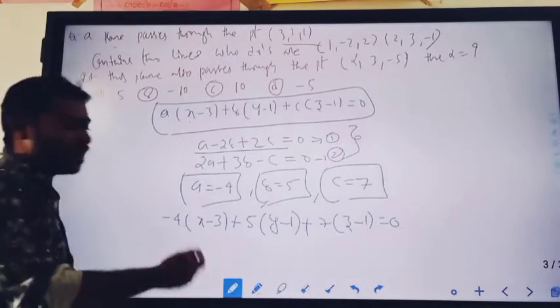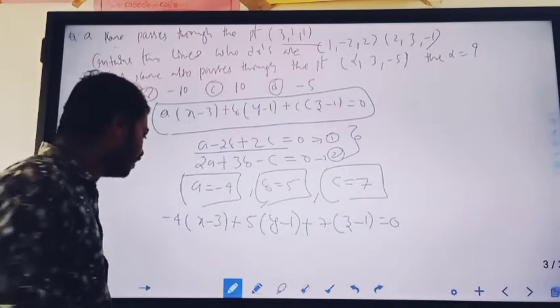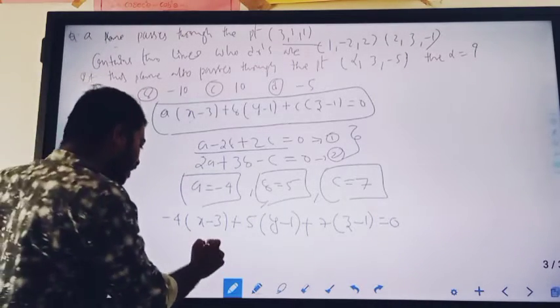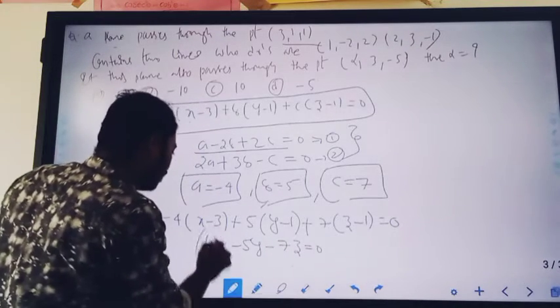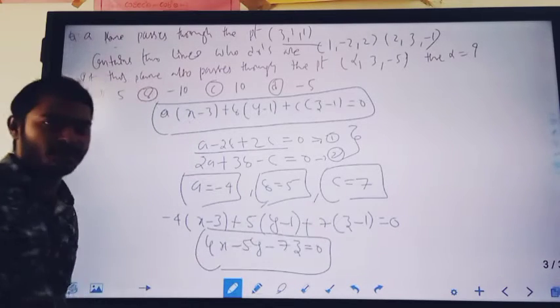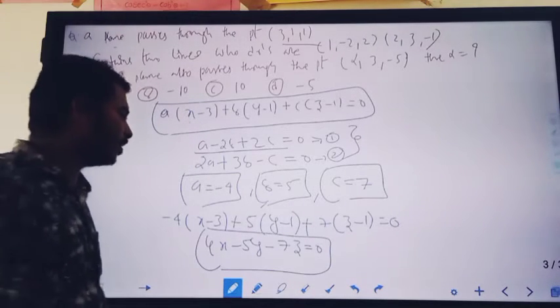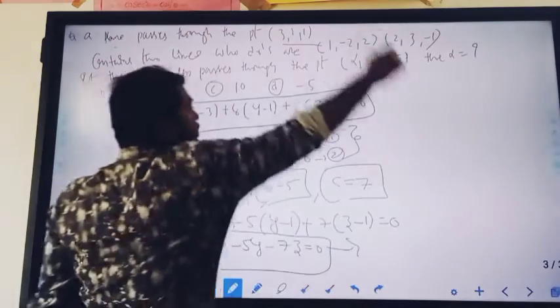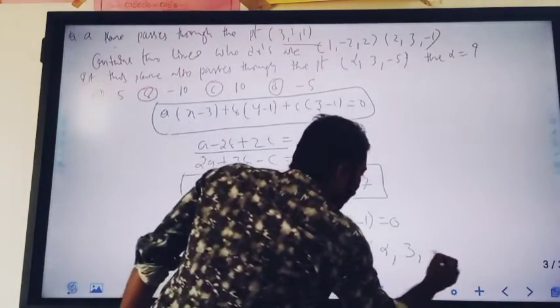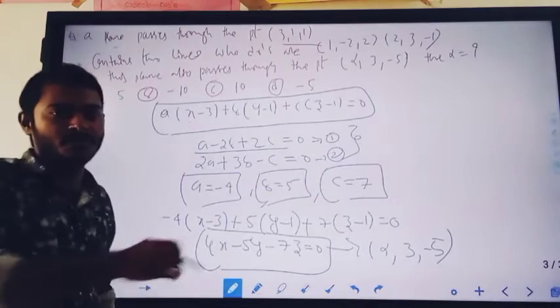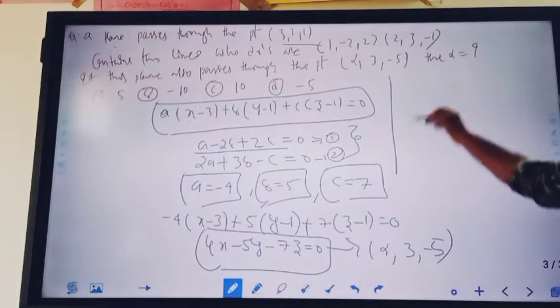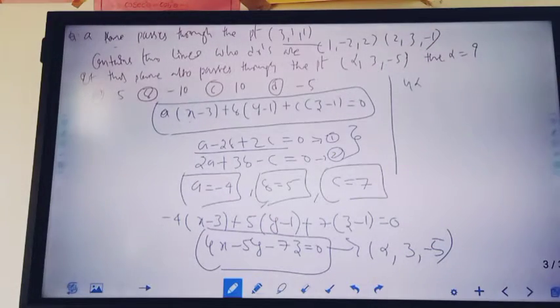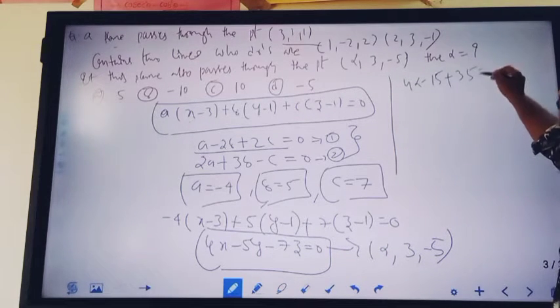Getting the a, b, c values and substituting in the above equation, we get the required plane 4x minus 5y minus 7z equal to 0, which is passing through the point alpha, 3, -5. So here substitute the values: 4 into alpha minus 15 plus 35 equal to 0.